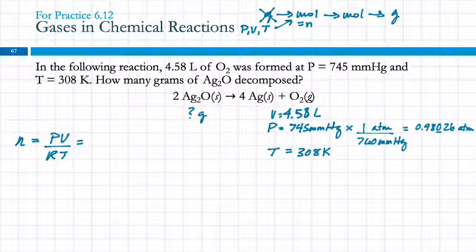I also want to show you kind of a shortcut for those of you that are good with your calculators. Here I can put 745 divided by 760 atmospheres as the pressure, and I can do the math inside my overall equation. So if that makes sense to you, that's great. If it doesn't, I'm going to do it the other way.